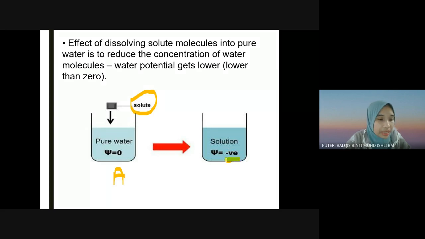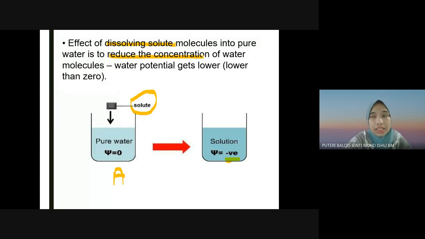Why? Because the effect of dissolving solutes will reduce the concentration of water molecules. When we put in solutes, the concentration of water decreases. The kinetic energy that was moving fast now moves slowly.